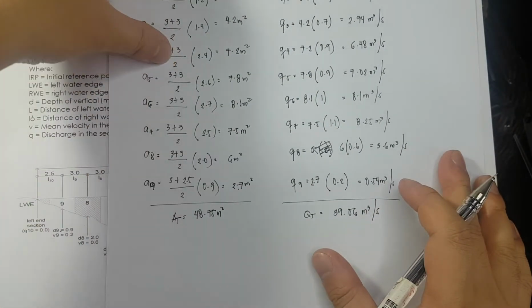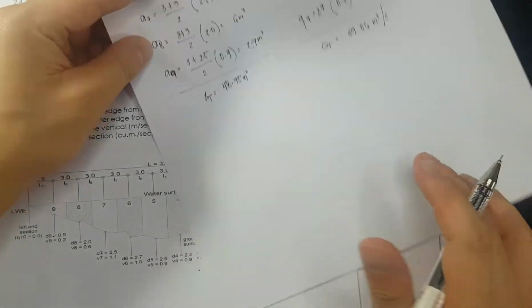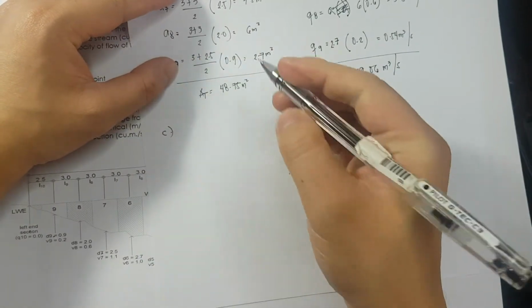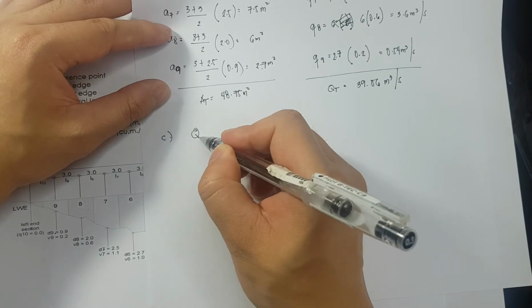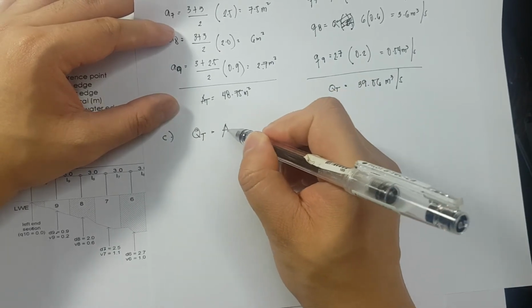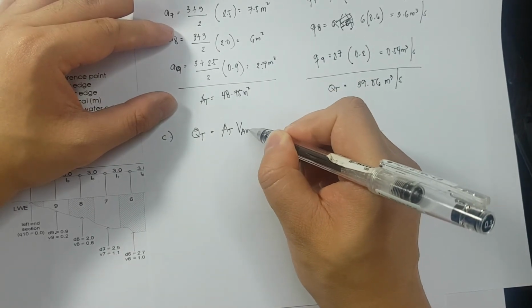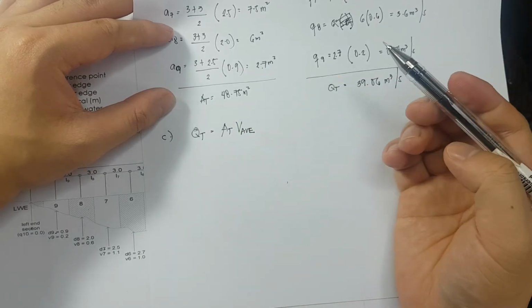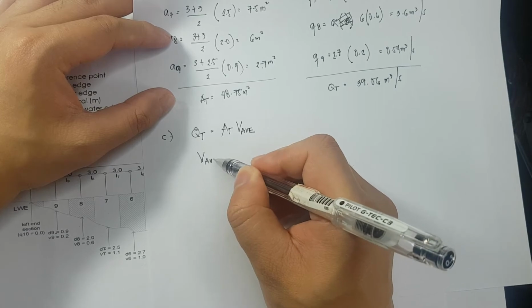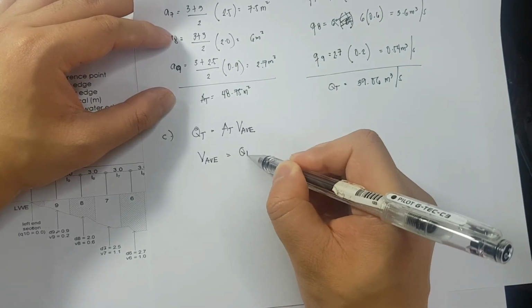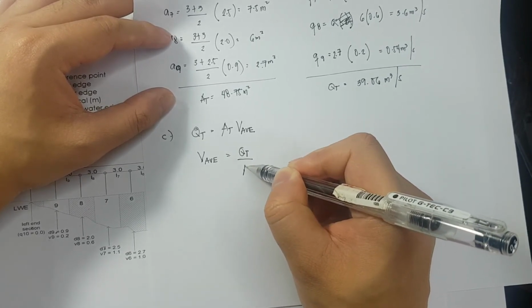Now for letter C, we need to determine the V average. Okay, so Q total is equivalent to area total times the V average. So divide both sides by area total. V average is equivalent to Q total over area total.